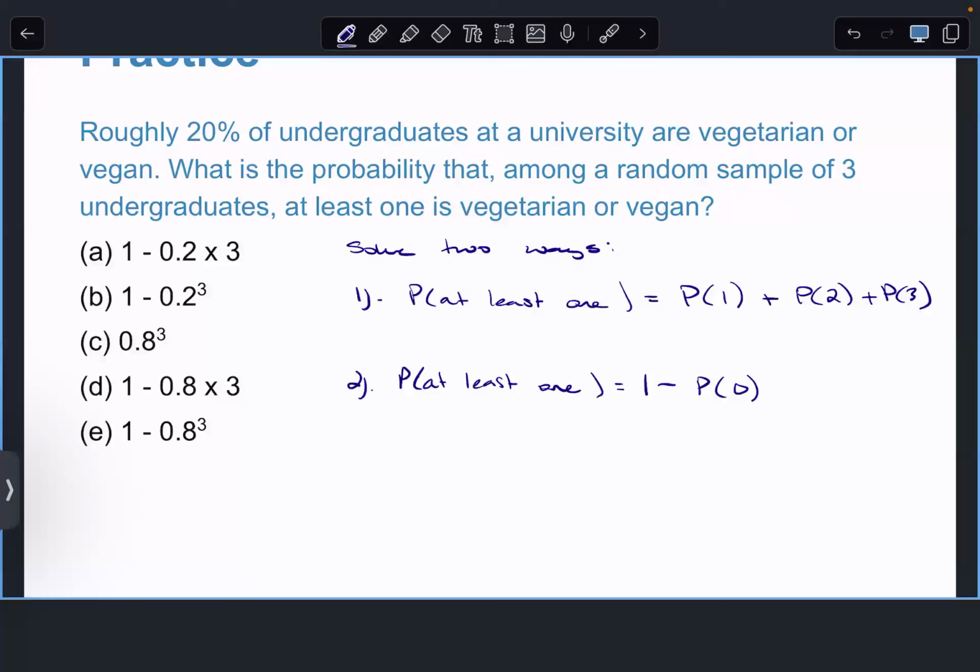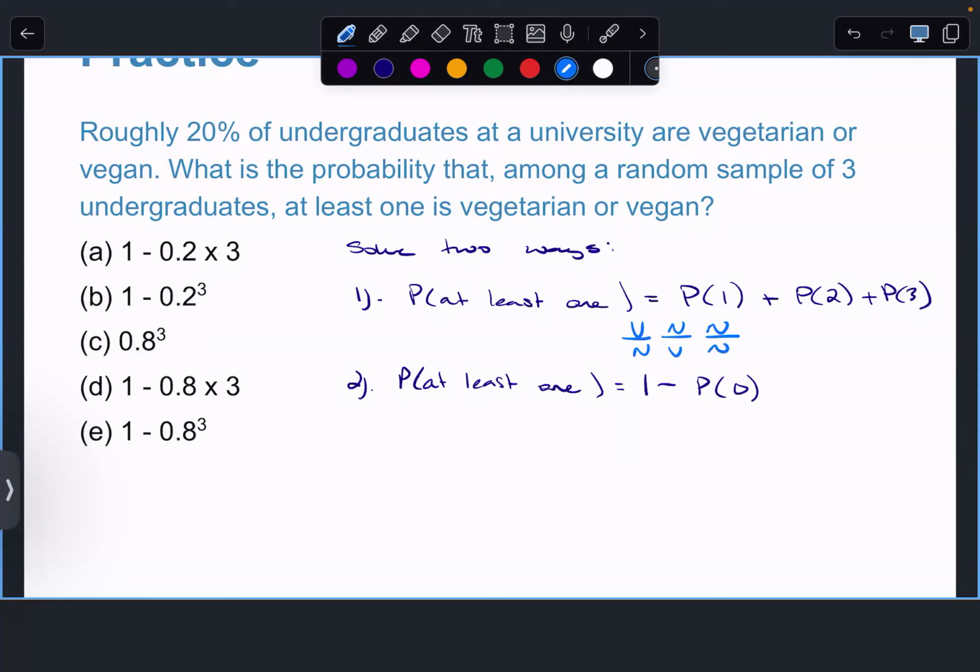And then I'm going to do this one. What would I have to do to find each of these probabilities? Right? In each of these scenarios, I have 1 student, 2 students, 3 students. The probability of 1, it's actually more complicated, but one of the ways that I could have 1 is vegan, not vegan, not vegan, or I could have not vegan, vegan, not vegan, or I could have not vegan, not vegan, vegan.